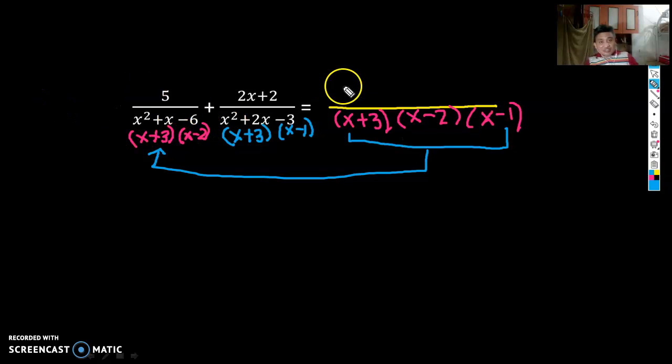Then times 5, it becomes 5 times x minus 1.